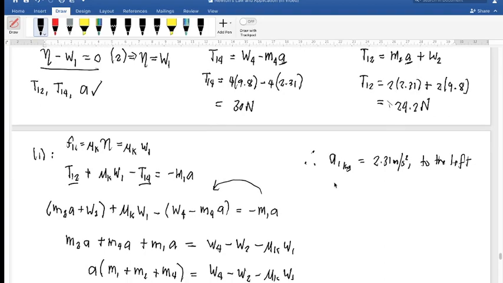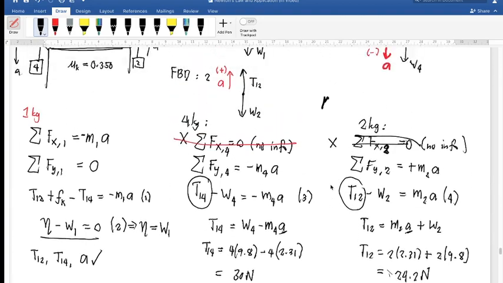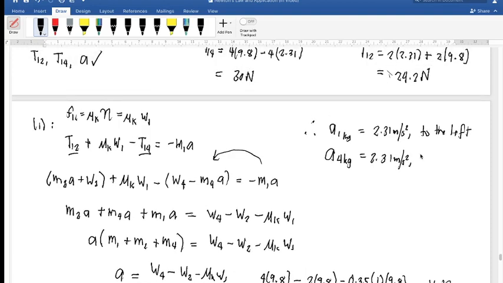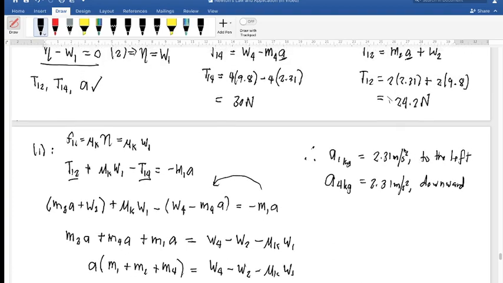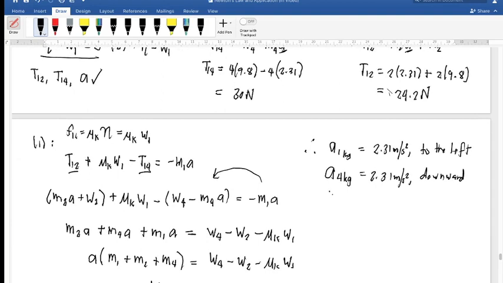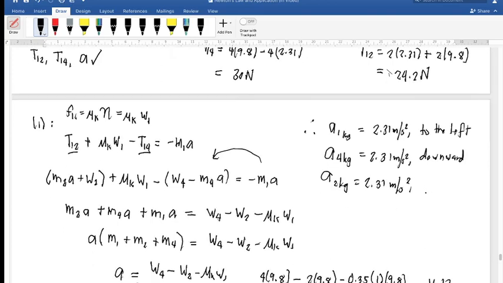The acceleration of 4 kilogram is still 2.31 meters per second squared, downward. Then the acceleration of 2 kilogram is still 2.31 meters per second squared, upward.